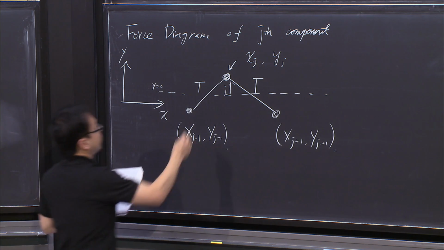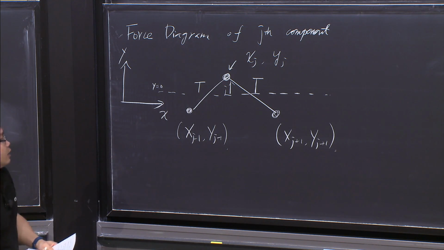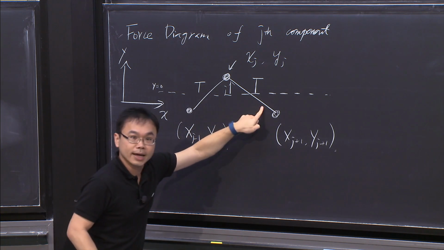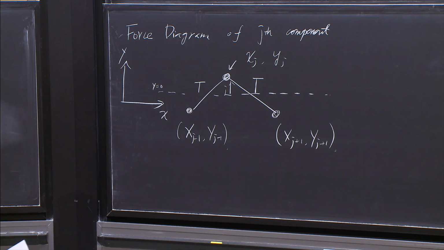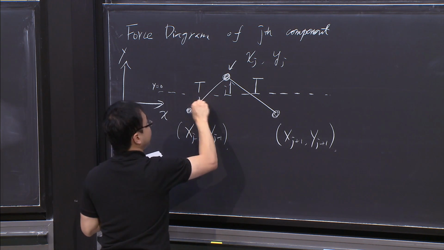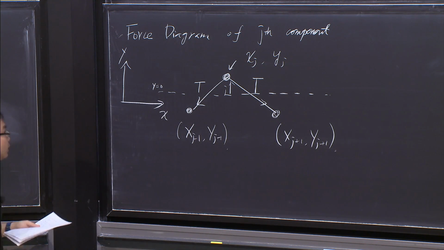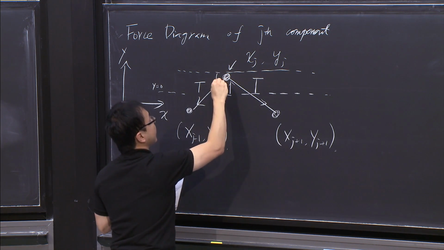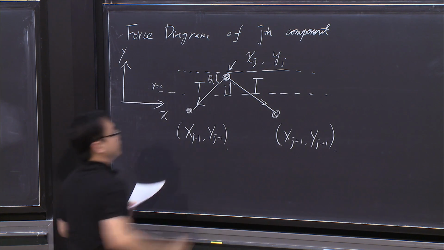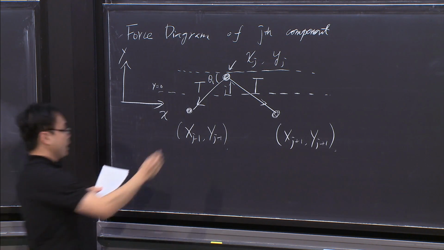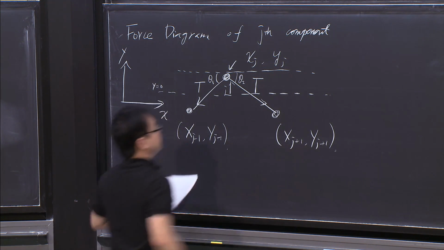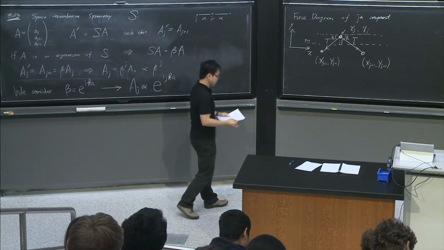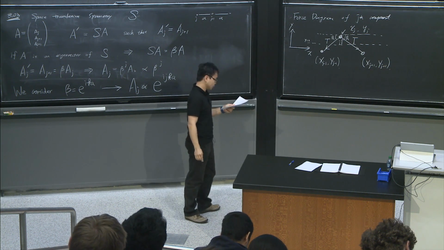Now I move this mass to yj. Then apparently there are two forces acting on this mass: the left-hand side string force and the right-hand side string force. The magnitude of the force is T. To help us solve this problem, I will define two angles, the left-hand side angle to be theta 1, and the right-hand side angle to be theta 2. Then I can write down the equation of motion in the horizontal direction and in the vertical direction.